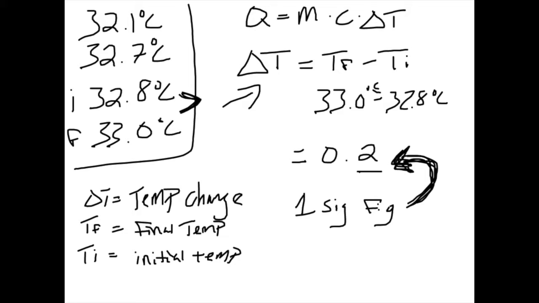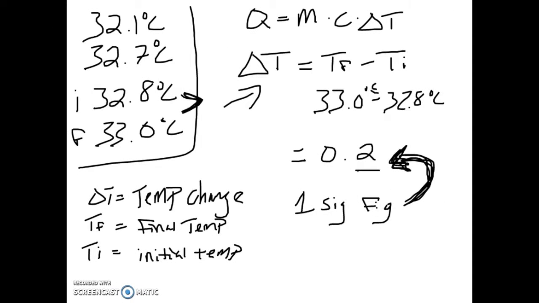As mentioned in the sig fig rules video before, any zeros before a non-zero number will be classified as non-significant, and any non-zero number is always significant. To calculate specific heat, we will take these four numbers here and subtract the final temperature, which is this one, and the initial temperature, which is this one, using the equation delta T, which was essentially the final minus the initial.